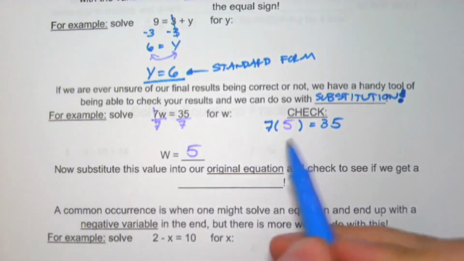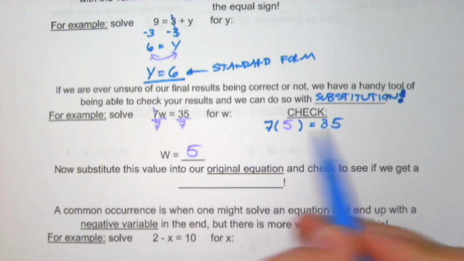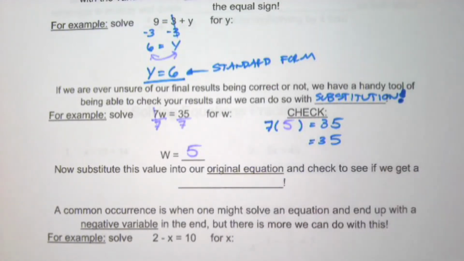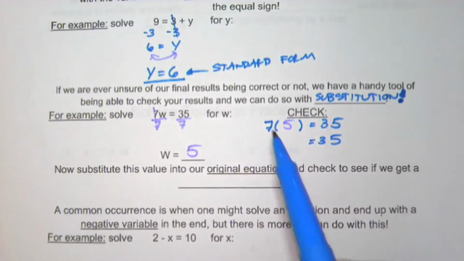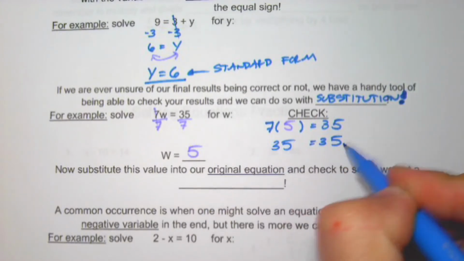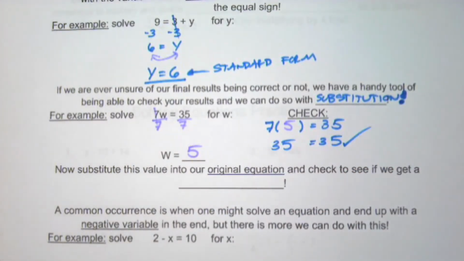So now our goal is to make sure that both of these two sides are equivalent. Well, the 35, there's nothing else to do with, but just verifying one more time, 7 times 5 does give us 35. So yes, indeed, we did get that problem right.